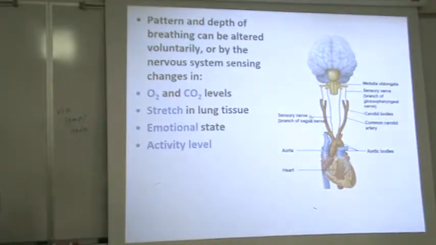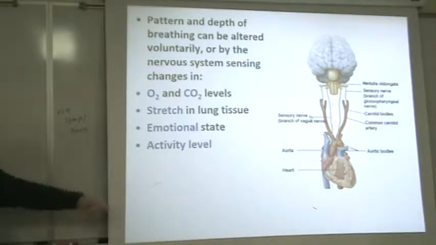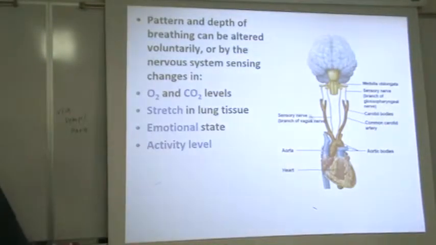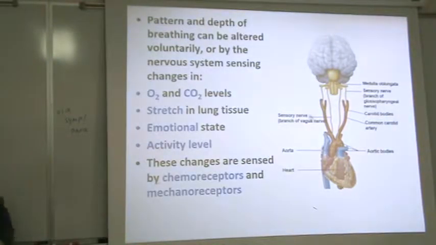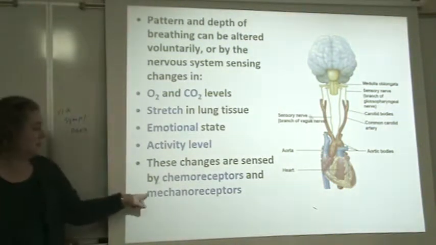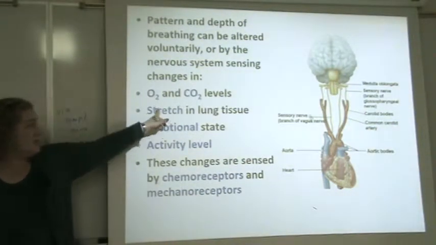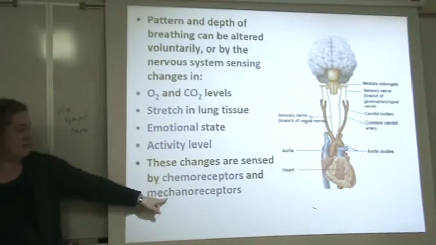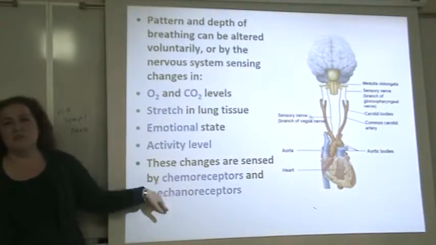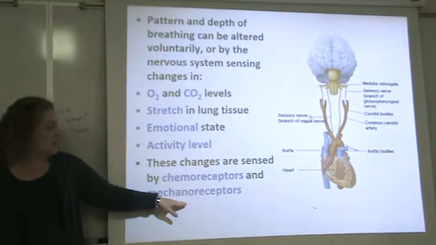If you raise your physical activity, you don't have to tell yourself to breathe more. Your brain controls that for you. So your breathing should naturally increase in rate and depth to go along with your physical activity. And all of this is controlled by having specific receptors that measure stretch. So stretchiness, the stretch amount, that's a mechanical receptor set that you have.